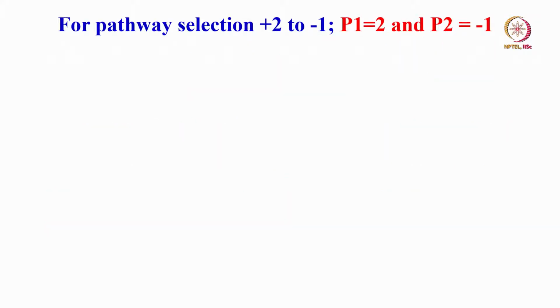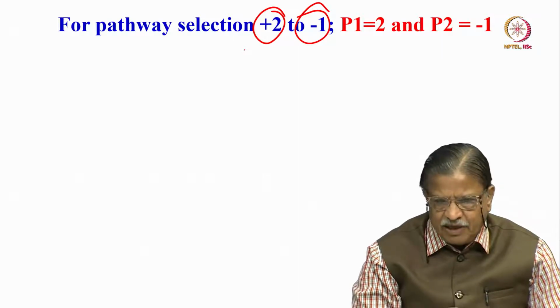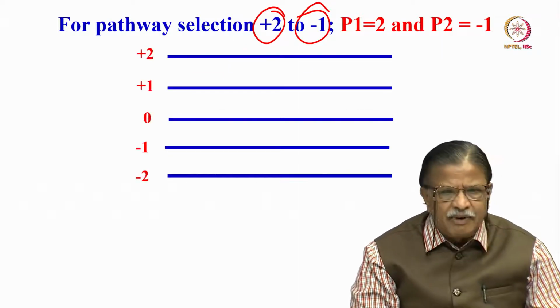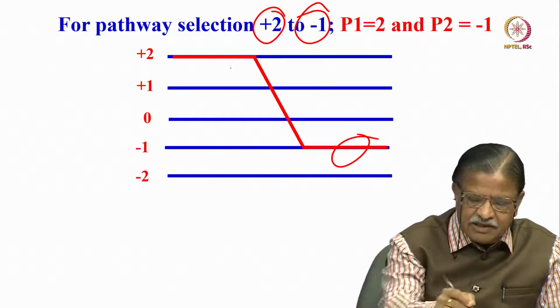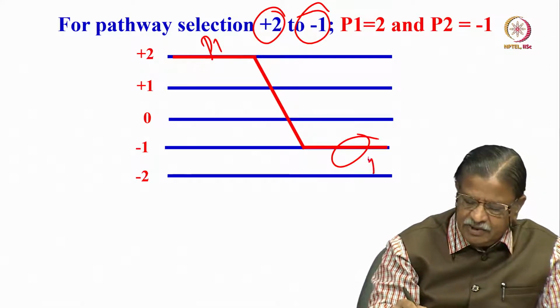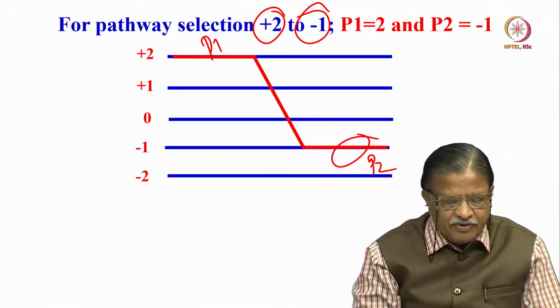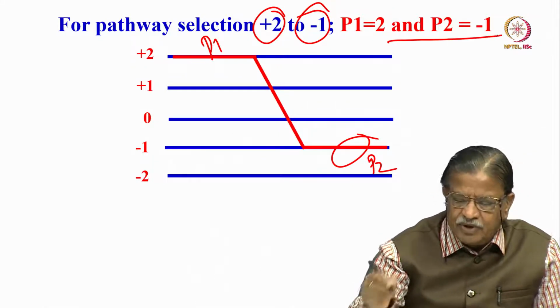I will show you one. Take for example, I want to select the pathway plus 2 to minus 1. This is the pathway I am choosing. This is my P1, this is my P2. P1 is equal to 2 and P2 is equal to minus 1.